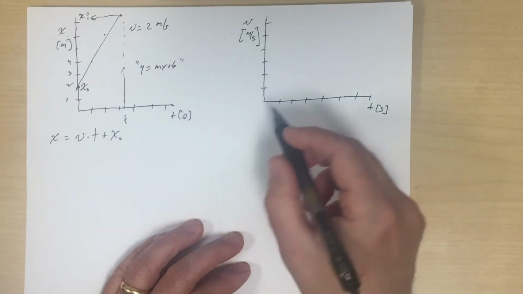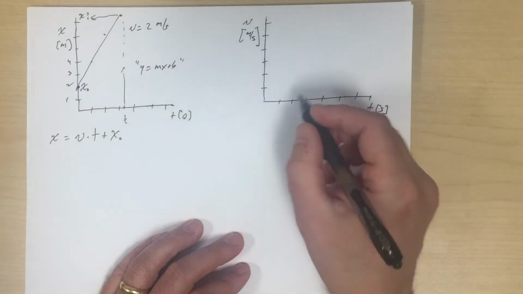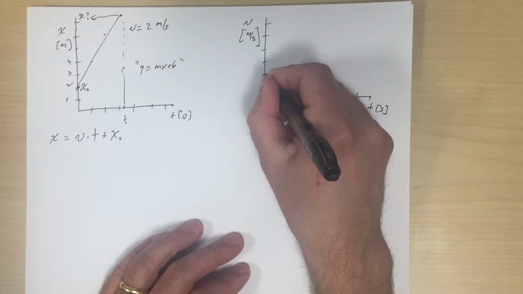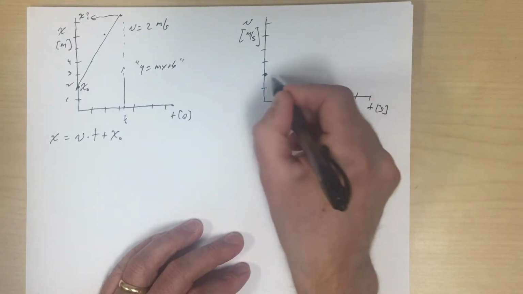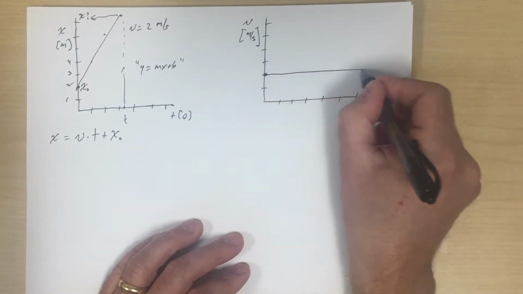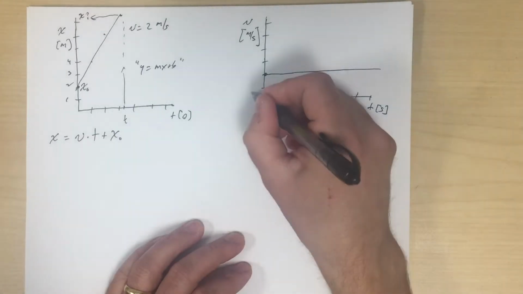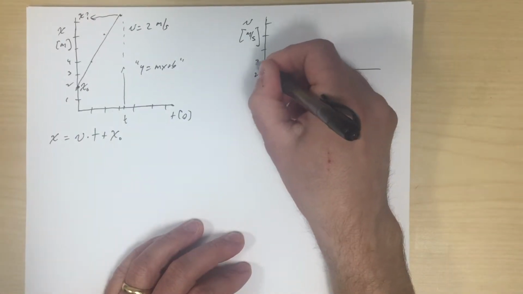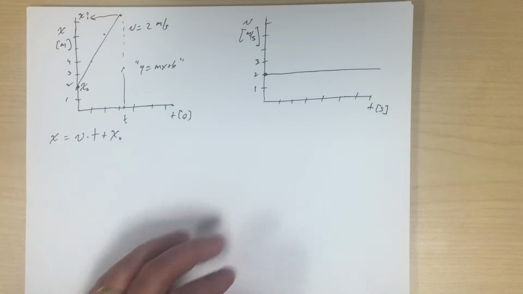Now, what does this look like on a speed time plot? Well, here the speed is constant. It starts off at 2 meters per second, and it's constant. So it goes like that. So this is 1 meter per second, 2 meters per second, 3 meters per second, and this is not changing at all.